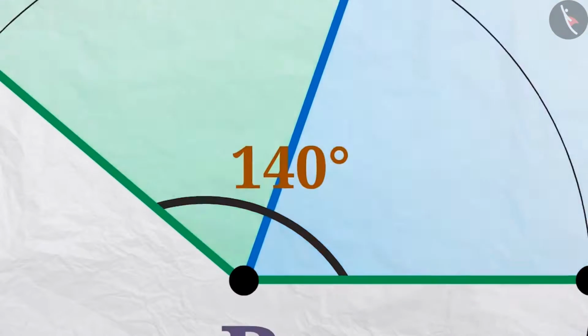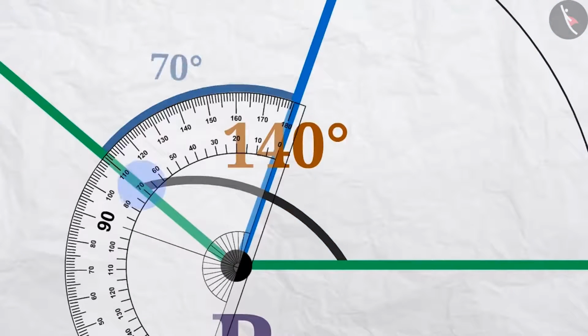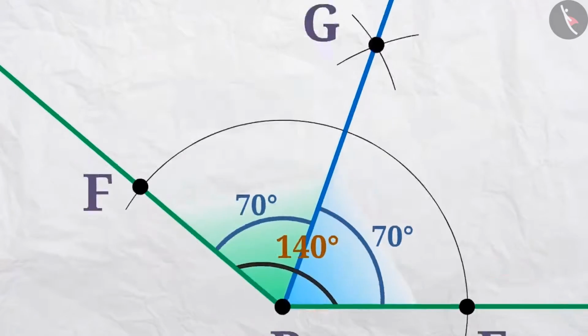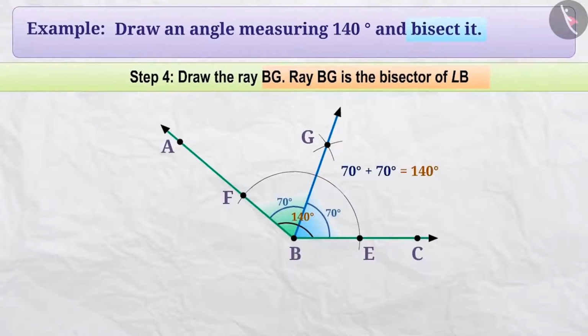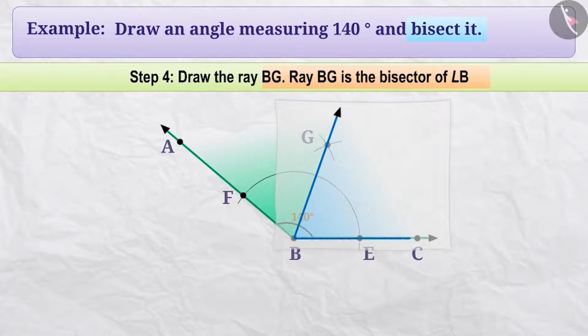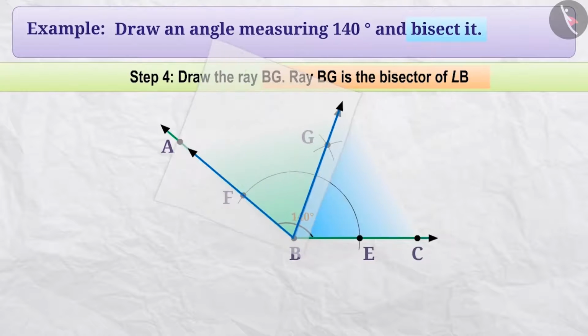To verify this, we will measure both angles with the help of a protractor. The measurement of both angles is equal. With the help of a trace paper, if we draw the exact copy of one of the two angles obtained and place it over the other angle, then the arms of both angles coincide with each other completely, which proves that both angles are equal.